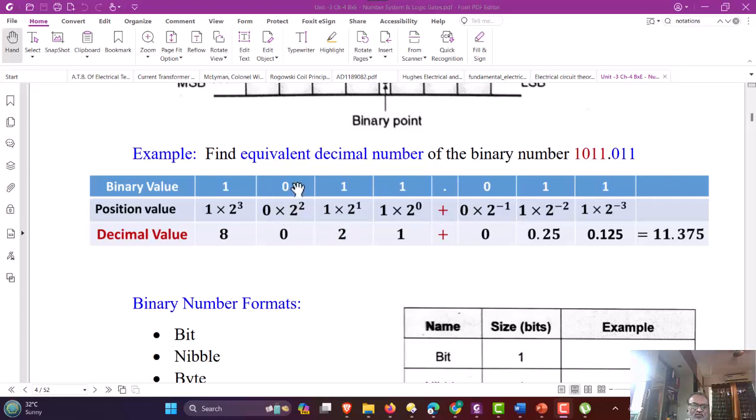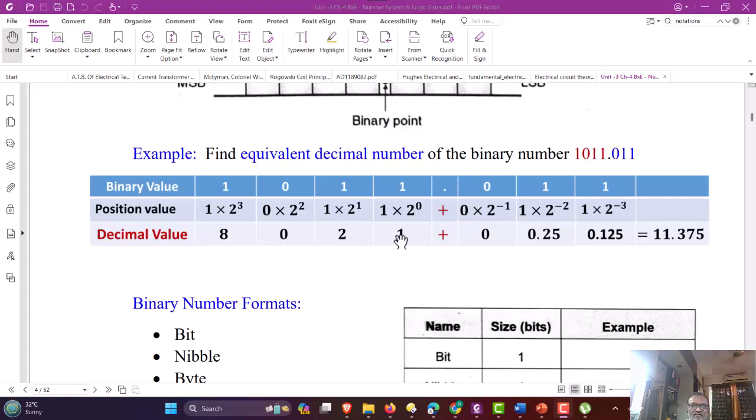The second digit is 0. So 0 into 2 raised to 2, and therefore the total position value of this digit is 0. The third position digit is 1 and therefore the weight is 2 raised to 3. So 1 into 2 raised to 3, that is 8. So we have individual positional weights 8, 0, 2, 1.